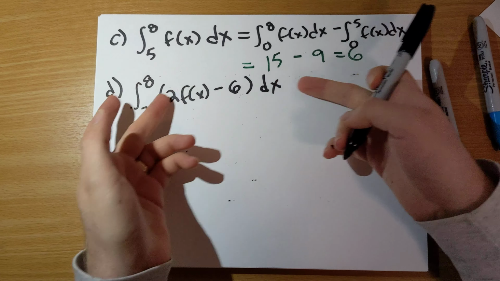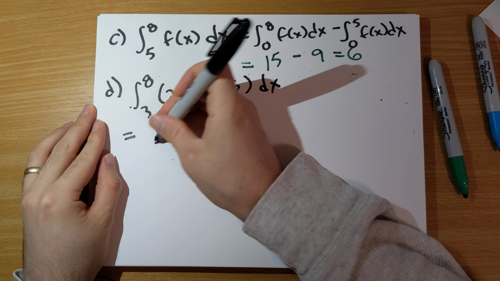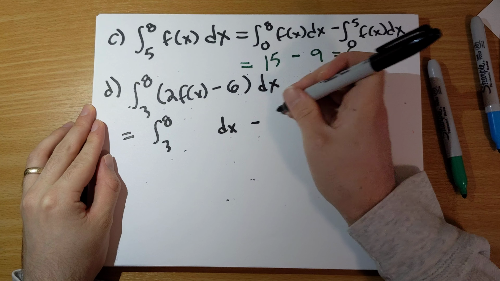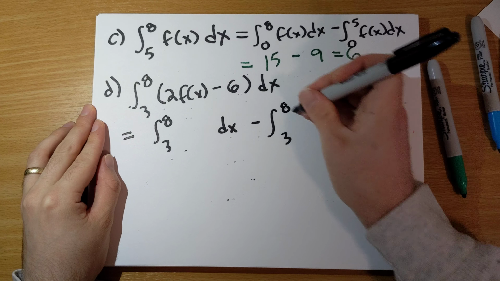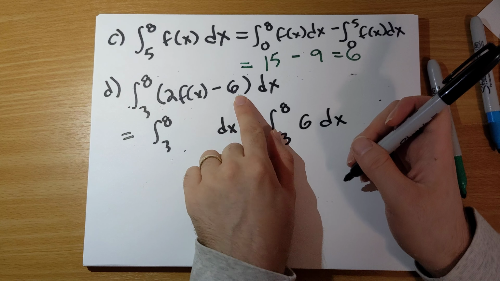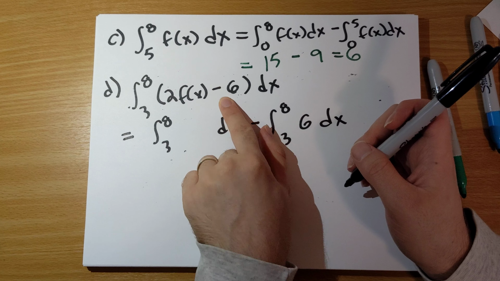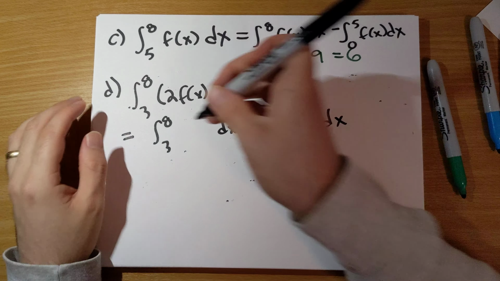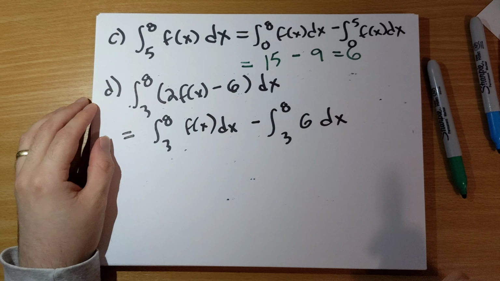So I can break up this integral into 2 chunks. One chunk is going to be the integral of negative 6, so minus the integral of 6. The other one's going to have an f of x in here.